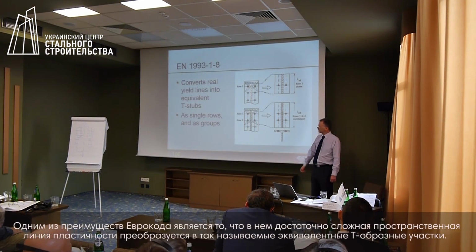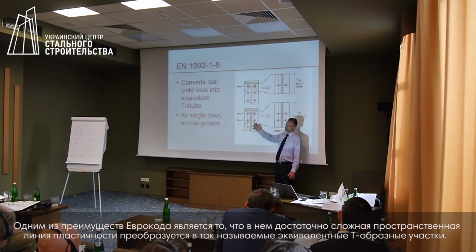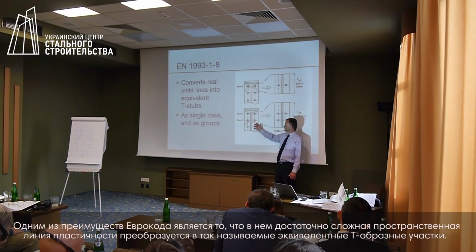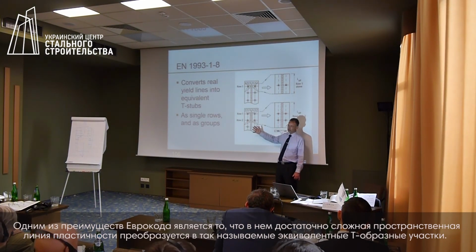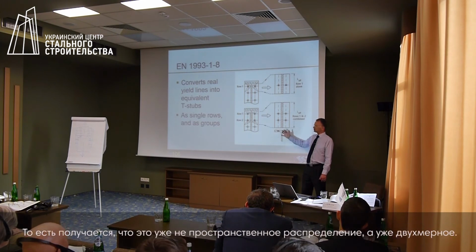One of the key benefits of the Eurocode is it takes the complex arrangement of yield lines, which is a three-dimensional arrangement of yield lines, and converts it to what the Eurocode calls an equivalent T-stub. So this is a rather two-dimensional arrangement.